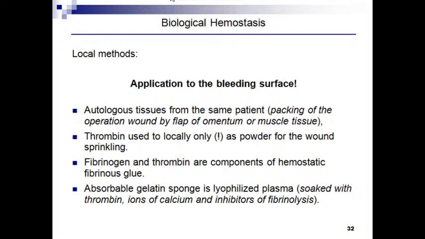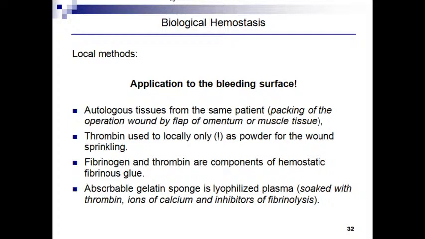We can use thrombin locally only as a powder, for sprinkling of the wound with thrombin. This is a powder. Fibrinogen and thrombin are components of hemostatic fibrinous glue. We can seal off the line of sutures in vascular grafts.